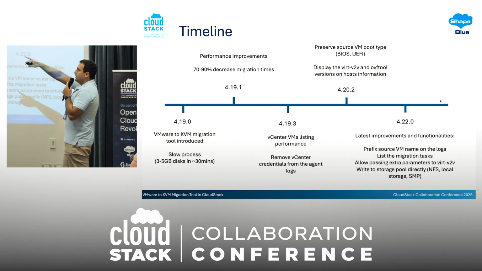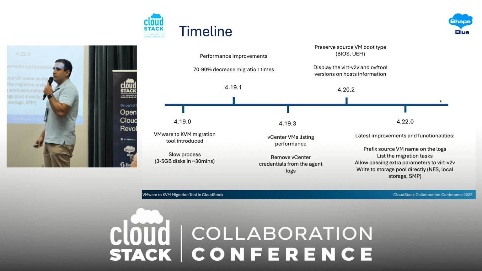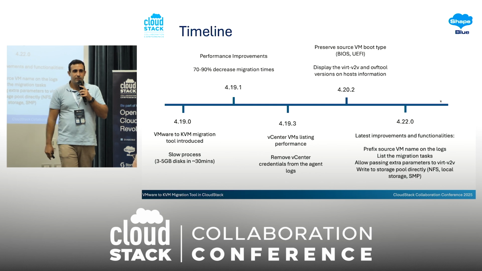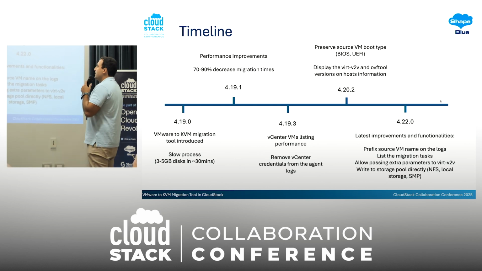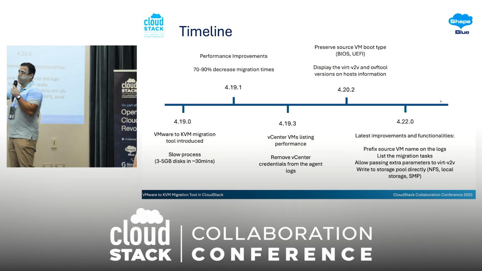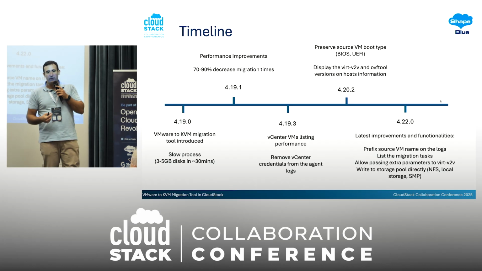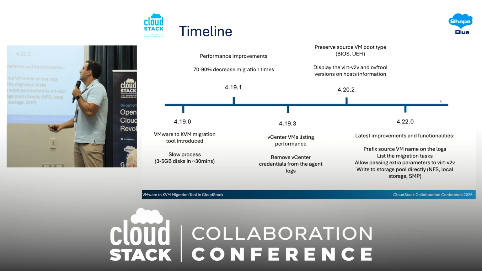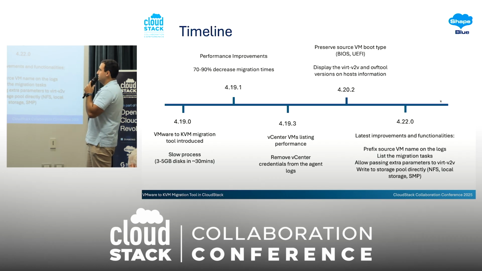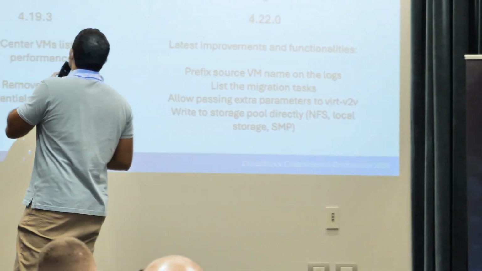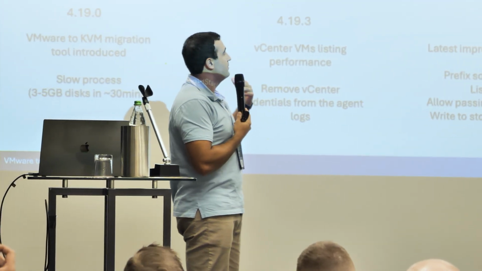We have added a performance improvement on 4.19.1, which reduced the migration times around 17–19%, which was very good. Then we faced some listing performance issues in 4.19 previous to 4.19.3, which we have fixed on those versions, regarding the listing of the VMs on a vCenter. And then we have added several other improvements. Especially, we have preserved the boot type on the source VMs.